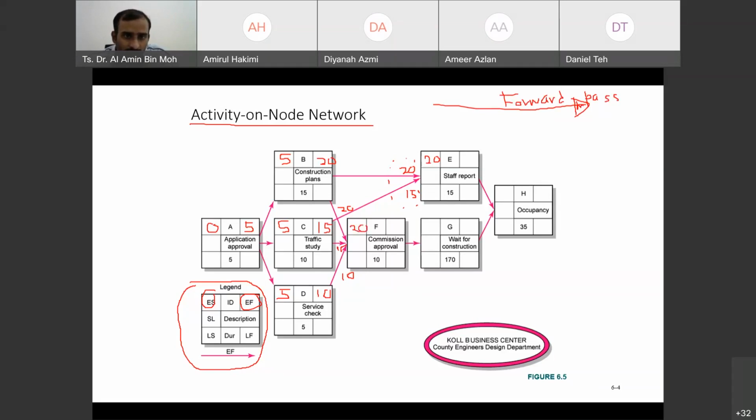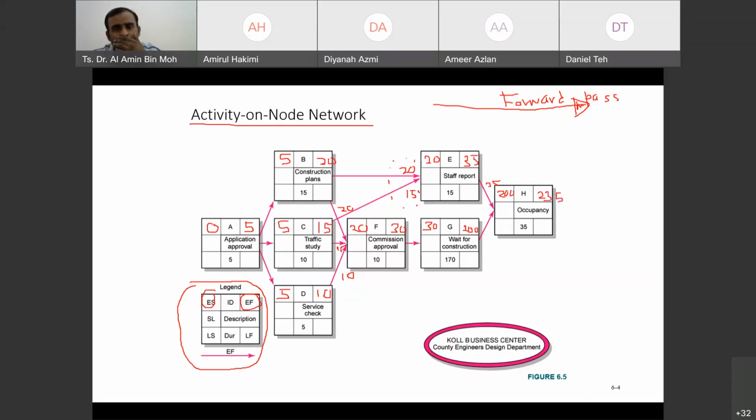So 20 plus 15 is 35, and you have 35 here, and 20 plus 10 is 30, and this 30 will go here. 30 plus 170 is going to be 200. So 200 plus 35 is 235.